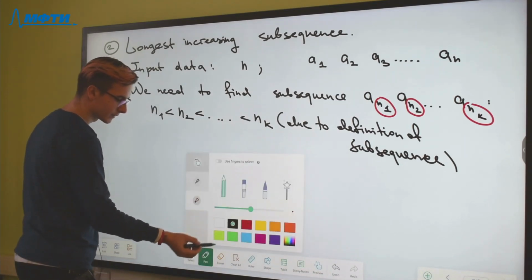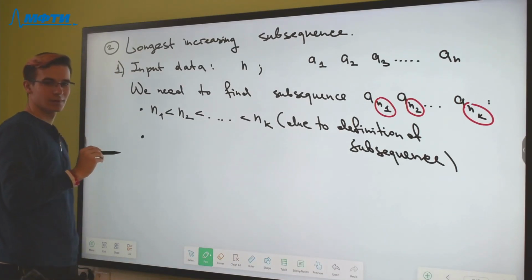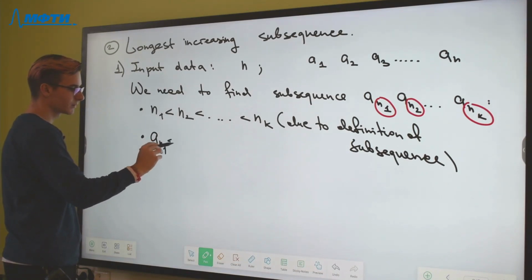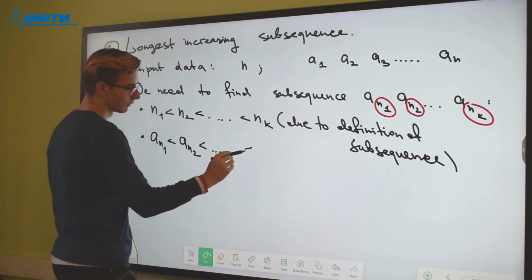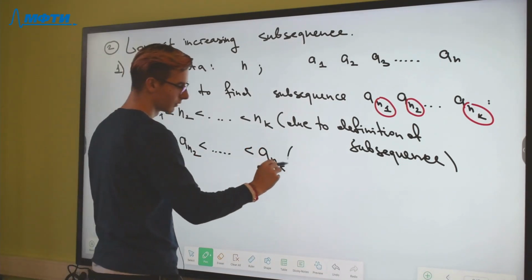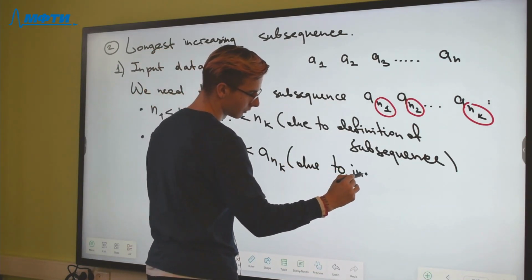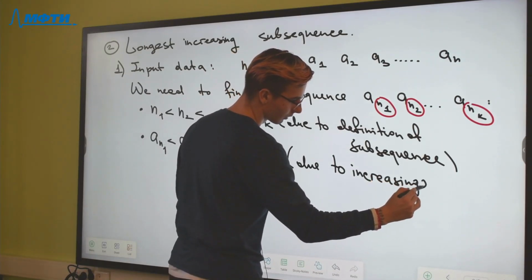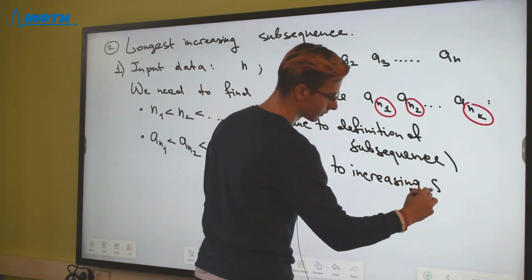That is the first condition. And the second is that the values a n1, a n2, and so on also form an increasing sequence.